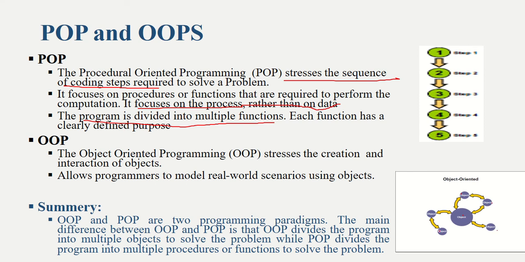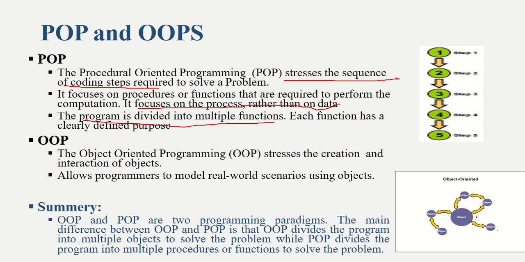And there's interaction between these objects. So we don't focus on functions only, or what we call a procedure. We have objects. Each object has some properties, has some functions inside it, and they interact with each other somehow to solve a problem or even many problems.